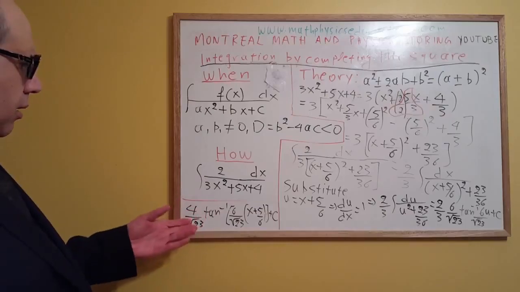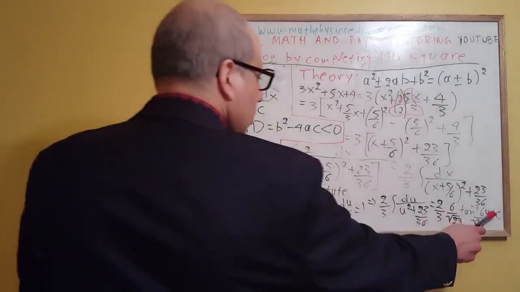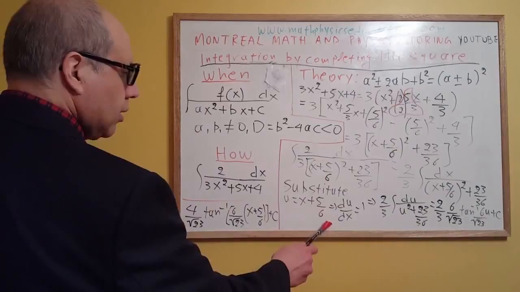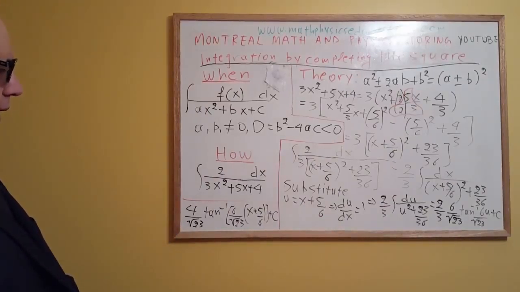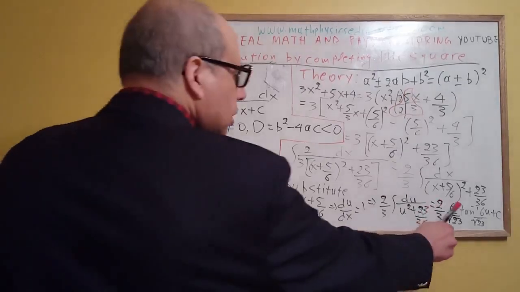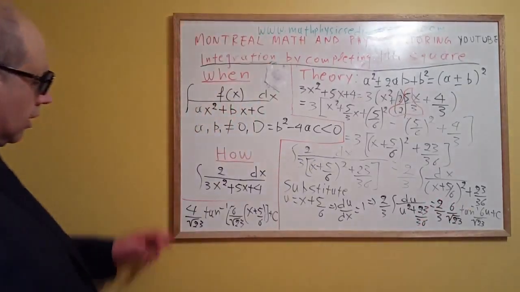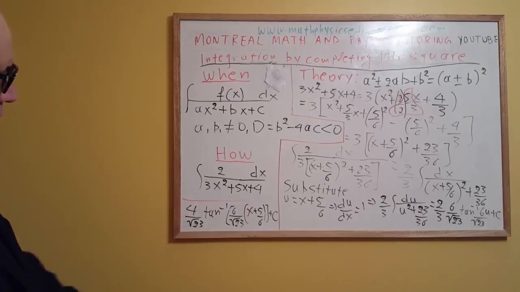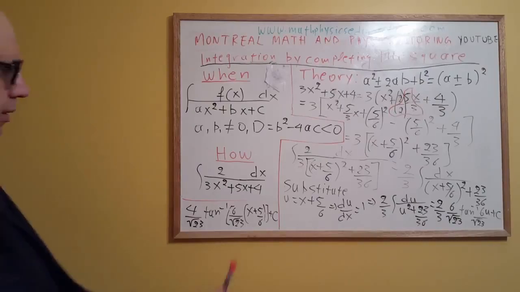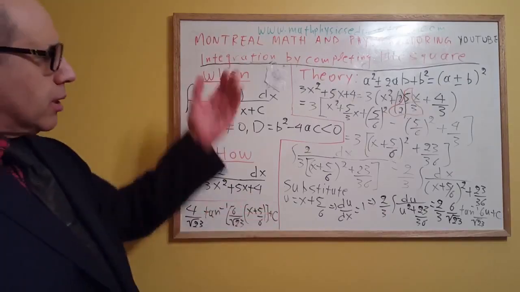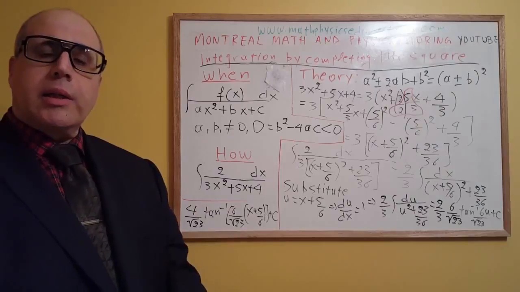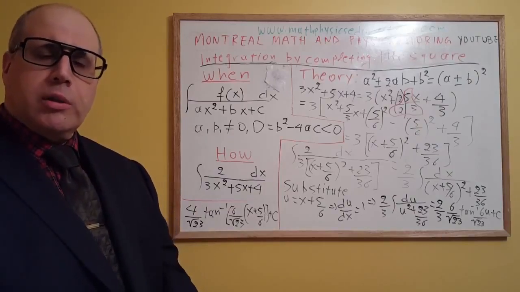And finally, you substitute u equal to x plus 5 over 6, and that will give you the final answer. After some small calculations, the final answer will be 4 over square root of 23 times the inverse tangent of 6 over square root of 23 times x plus 5 over 6, plus c. So that's how you do integration by completing the square.